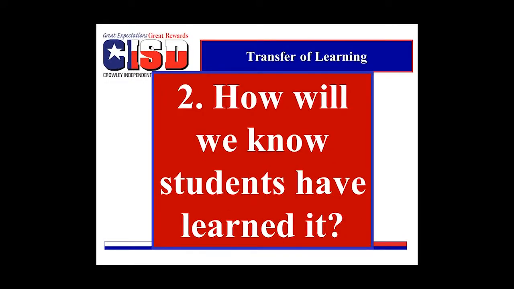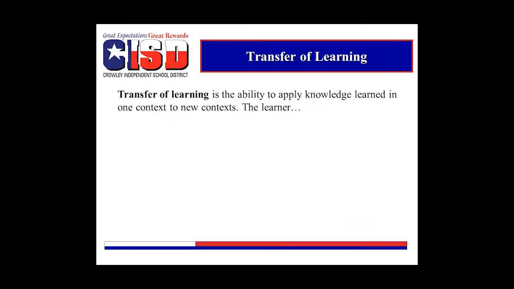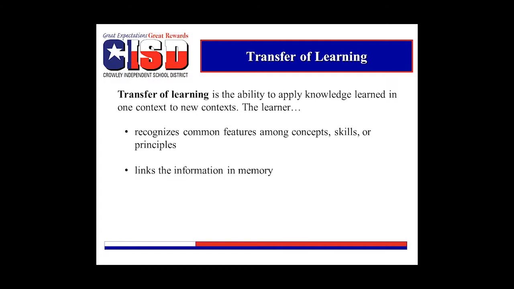Before we begin to plan for instruction, let's discuss the ability of students to transfer learning, which corresponds to question 2 of our leading questions. Transferring of learning is the ability to apply knowledge learned in one context to a new context. Transferring learning means the learner recognizes common features among concepts, skills, or principles, and links that information in memory.